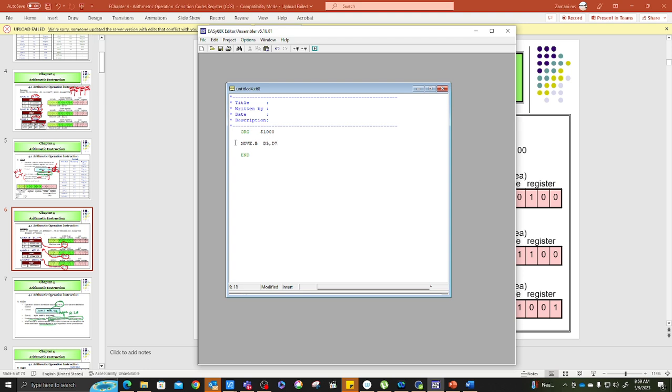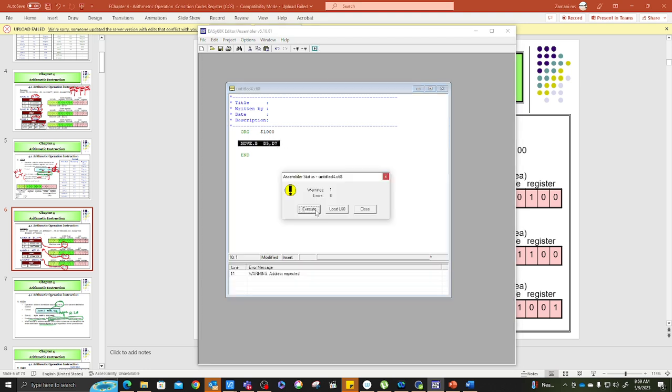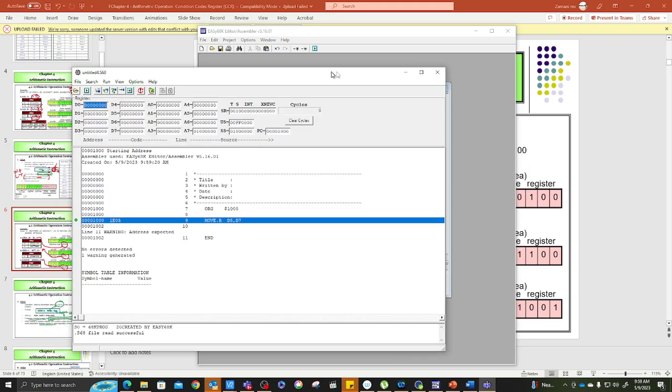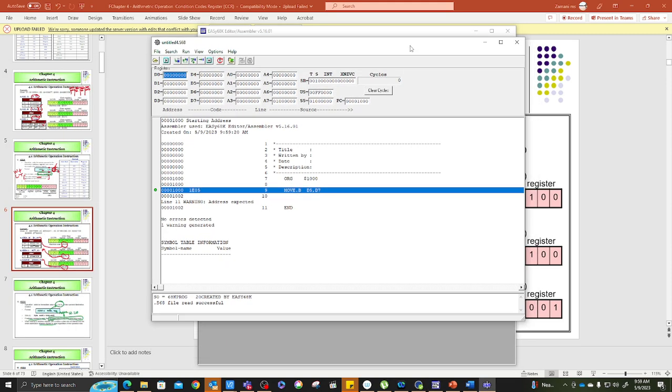This is the one that you understand. When you compile it and open up this one, the machine code is over here. The machine code here is $1E05.